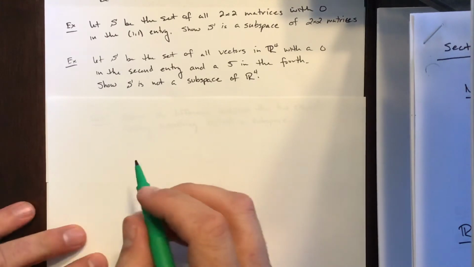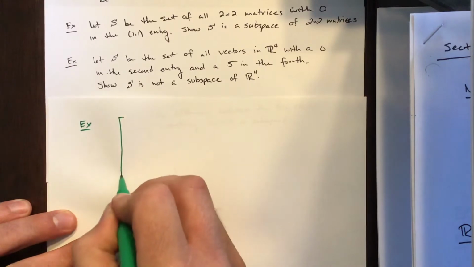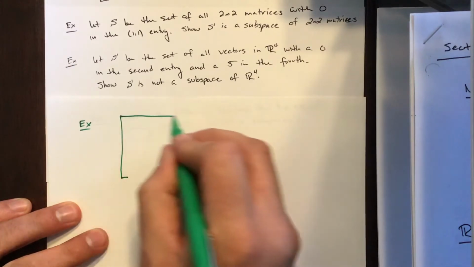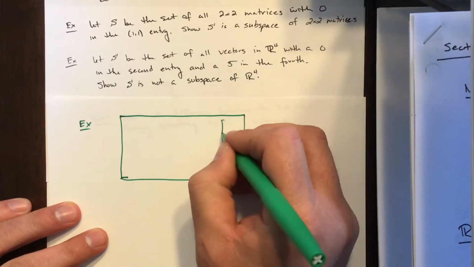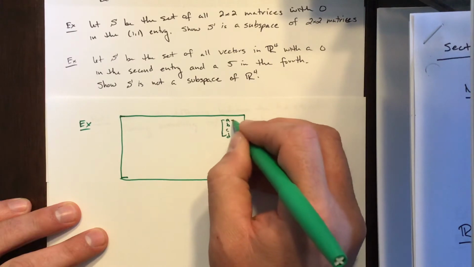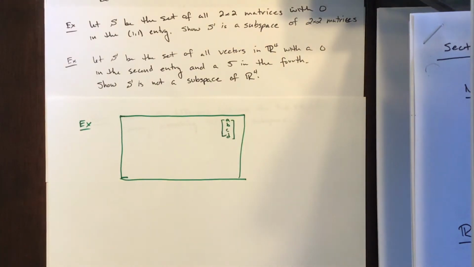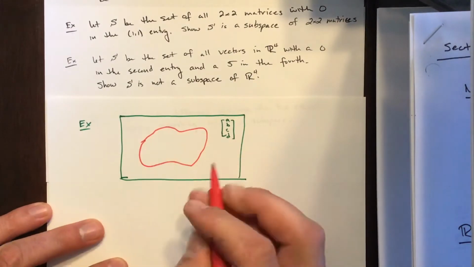Okay, so what does a generic element look like in R4? Oops, we're going to draw our picture here. A generic element in R4 looks like A, B, C, D. But the subset S are the things in R4 that look like what?